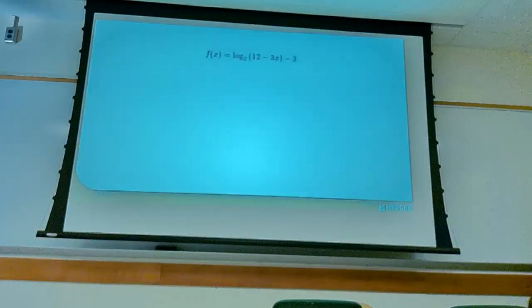So it would be 12 minus 3x is greater than 0. So 4 is greater than x.